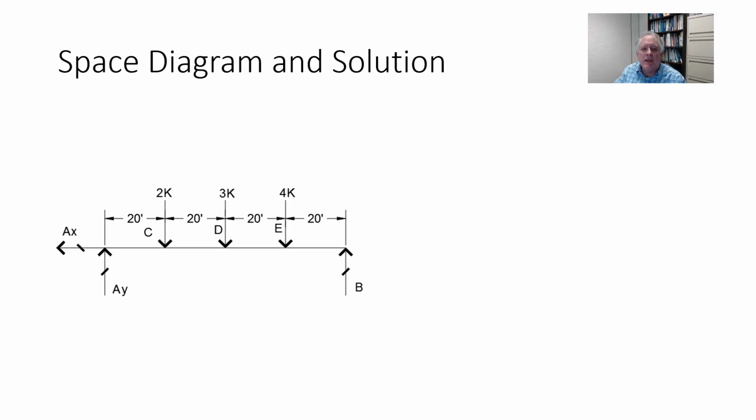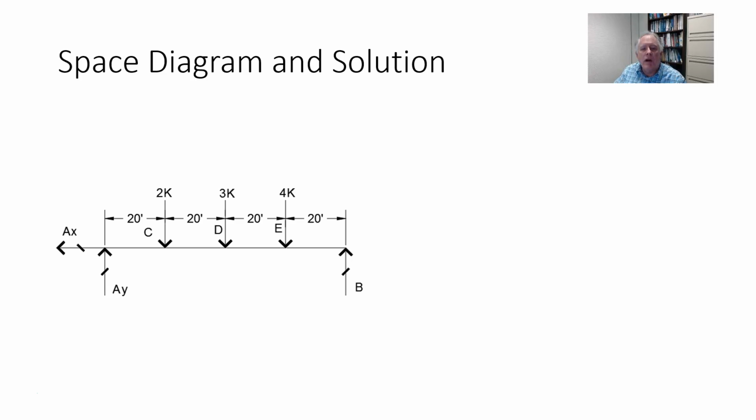Notice it's just a simple beam, and there are loads on that beam. All the loads are applied on a common level, so we don't need to illustrate any different levels. The pin has now been converted into 2 component reactions, AX and AY.